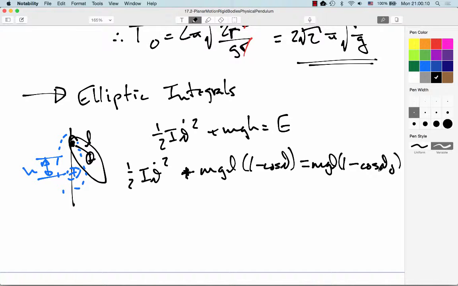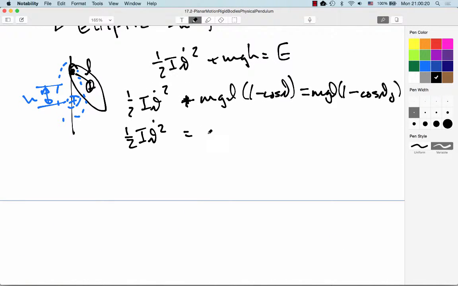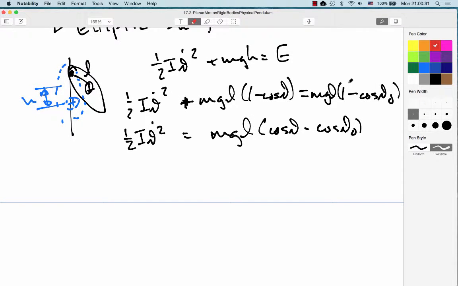So then 1/2 I theta dot squared equals mgl times cosine theta minus cosine theta naught, after we cancel those mgl's right there.